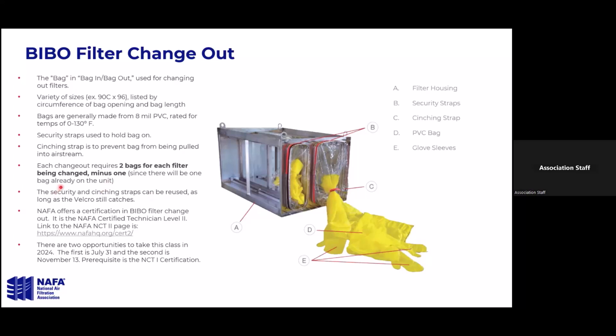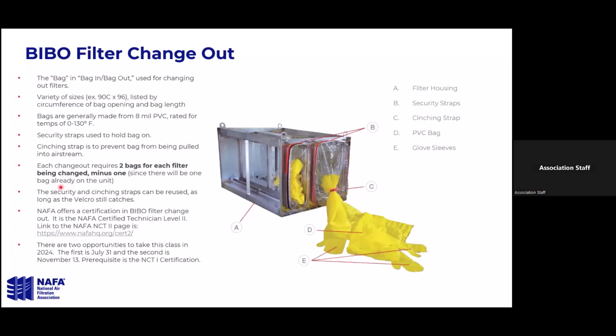When you go to do your changeouts, each changeout is going to require 2 bags for each filter being changed minus 1. And it's minus 1 because there's generally going to be 1 bag already installed on that unit when you go to do your filter changeout. So general rule of thumb, 2 bags for each filter being changed minus 1, and that's per tier.